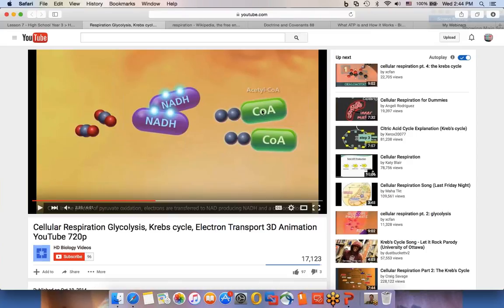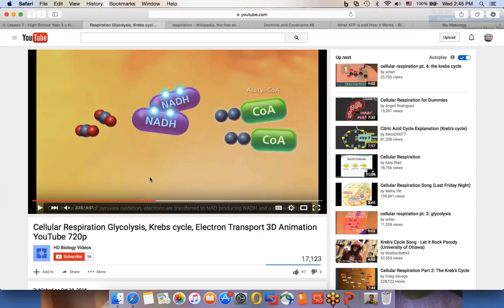These molecules, the CoA part, the acetyl-CoA and the NADH, are all inside the mitochondria, and they keep being recycled in this reaction. The new thing being added is the oxygen and the carbon that comes into the mitochondria.